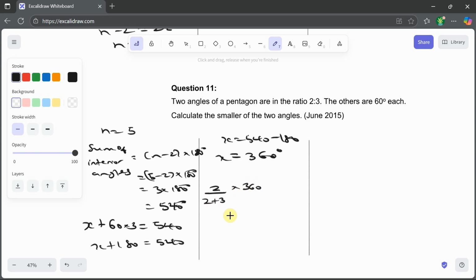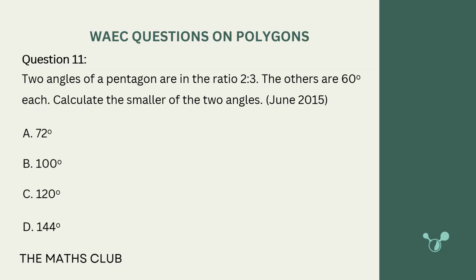We've already talked about ratios and proportion. So this is 2 over 5 times 360 degrees. 5 here 1, 5 here 72. If you multiply this, that will give you 144 degrees. The smaller of the two of them is 144 degrees, right? Which is the 2 guy. So let's see if our answer is correct. That will be option D.